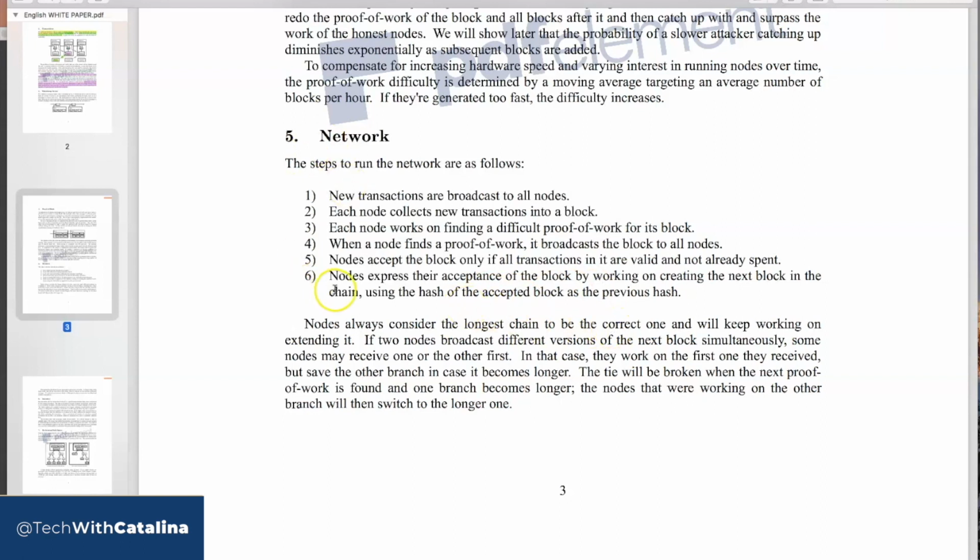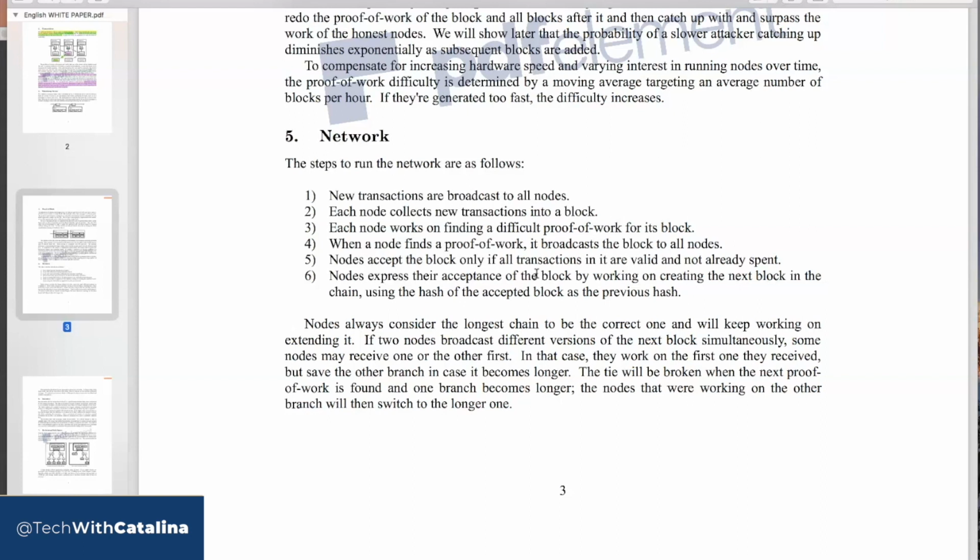And number 6, nodes express their acceptance of the block by working on creating the next block in the chain, using the hash of the accepted block as the previous block hash. So what this means is that they are going to accept that information if it is valid, and immediately they are going to start trying to find the next block.